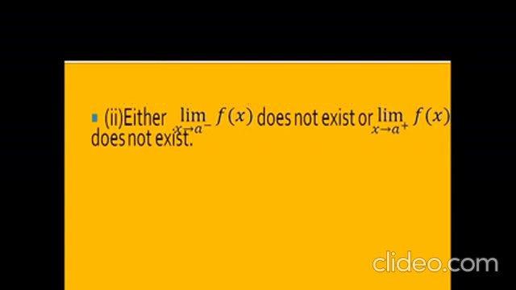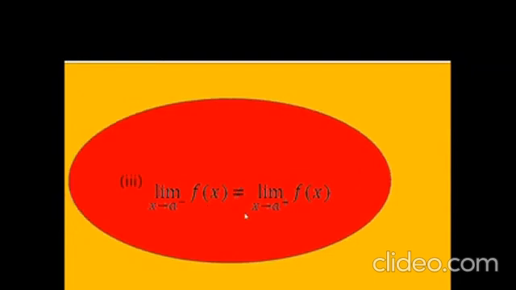In the third point, if limit x tends to a minus f(x) is not equal to limit x tends to a plus f(x), again we can say the function is not continuous at x equal to a. Here limit x tends to a minus f(x) has a certain value and limit x tends to a plus f(x) also has a certain value, but both values are not equal.